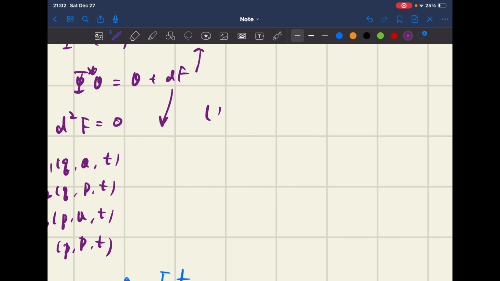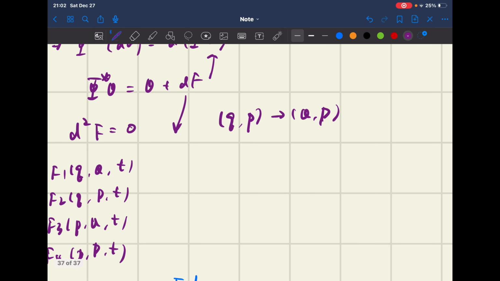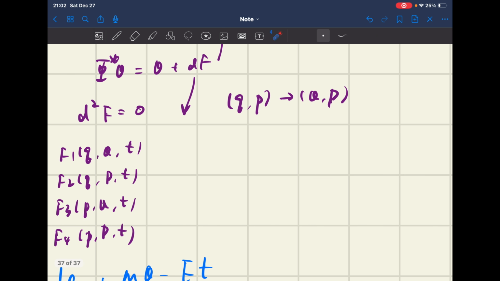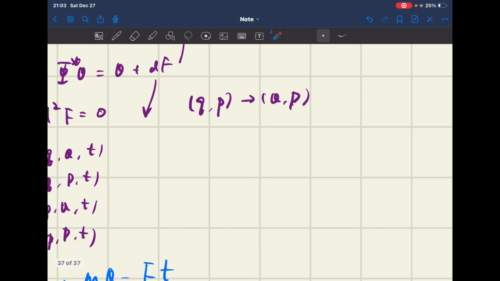You will notice that the canonical transformation brings the previous coordinates small q and small p to big Q and big P, which are respectively functions of old q and p. So the generating function must act as a bridge, connecting the two sets of coordinates. You could choose one of the old coordinates and one of the new coordinates, and connect the two sets of coordinates together by using some sort of equation.